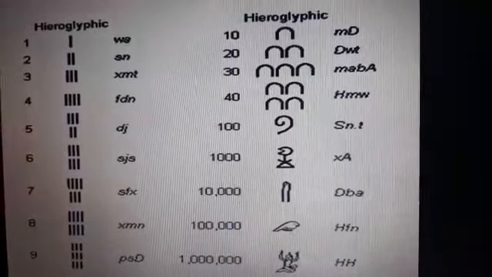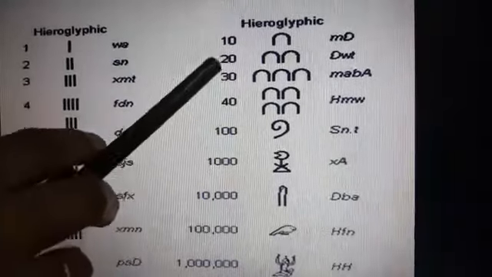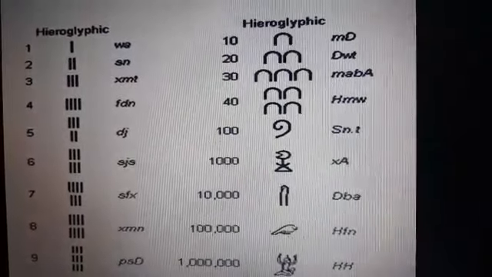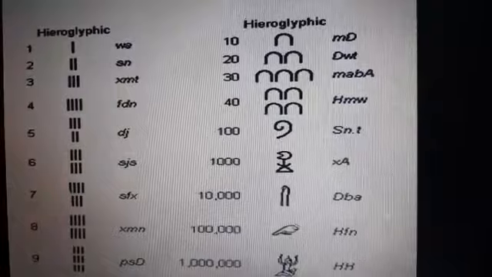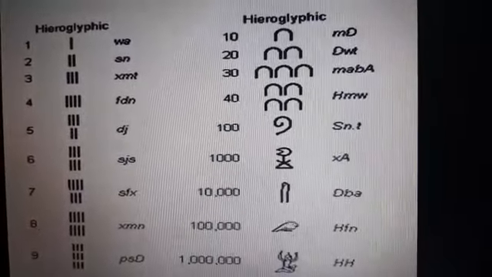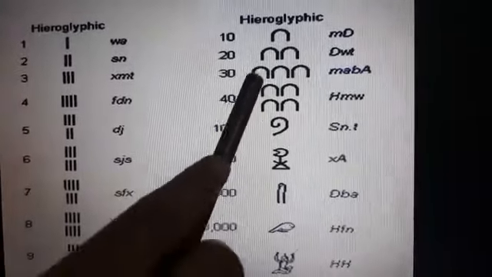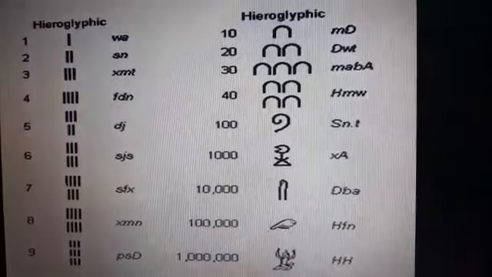Suppose they wanted to tell that they had hunted 30 animals. Instead of drawing straight lines on the rock or showing with the help of fingers, they simply represented the number by writing the symbol.